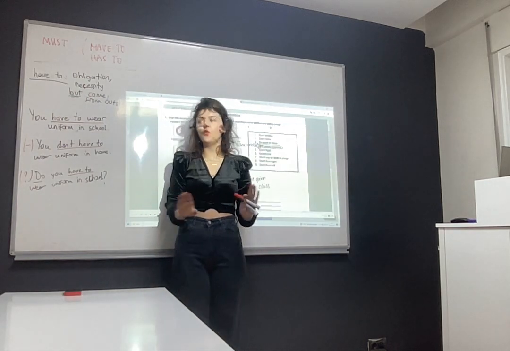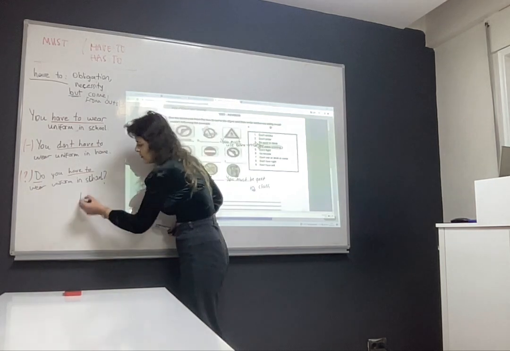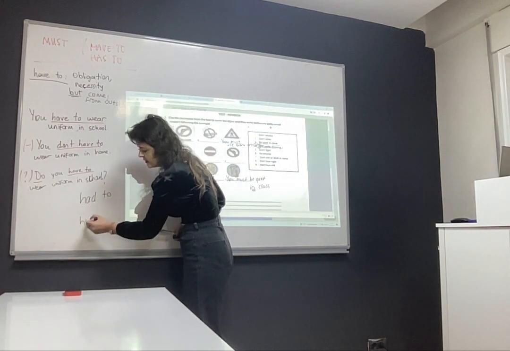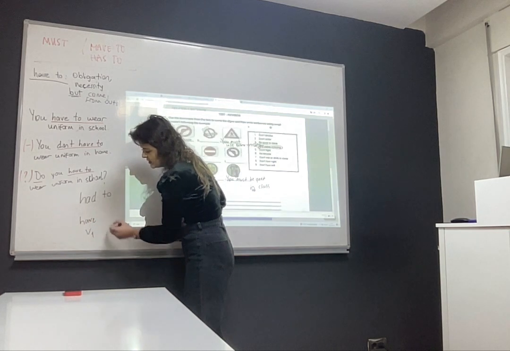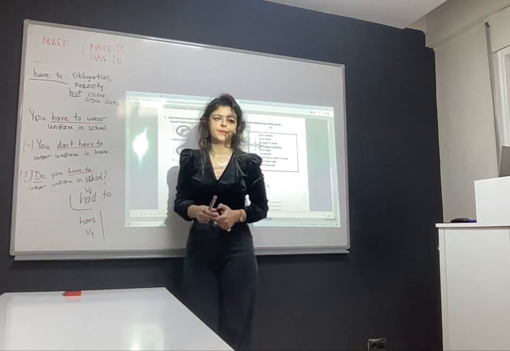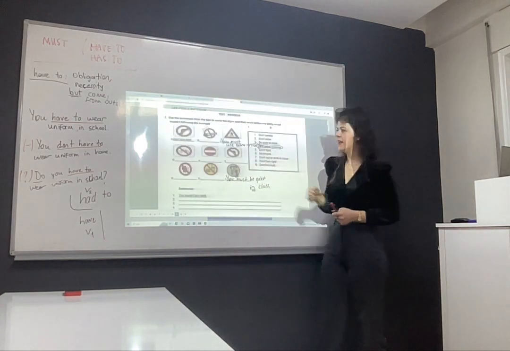There is no past form for must, but we can say had to, because have is the basic infinitive and had is the past form. So let's see here again.